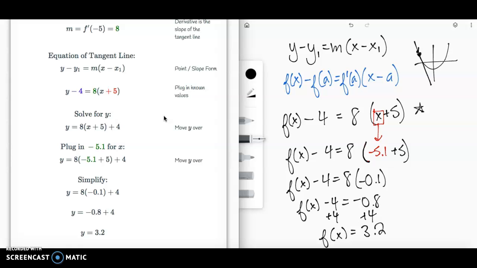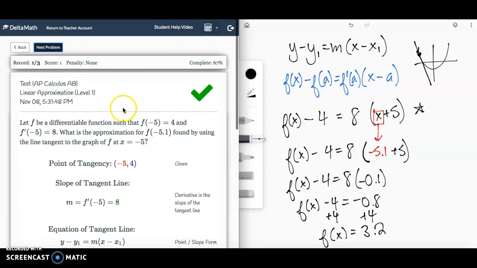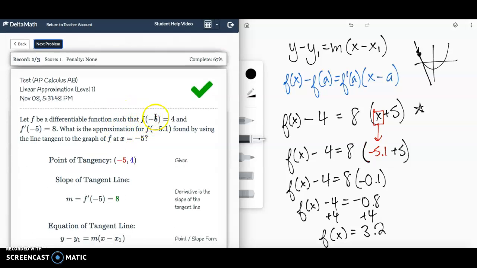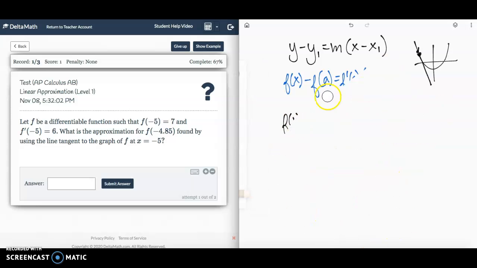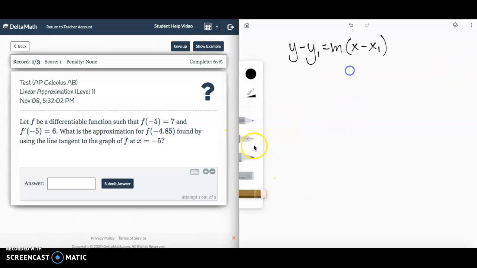If it makes you feel better, you can rewrite these terms as this is y1 and this is m; we could do that as well. Let's try that on another problem. So in this problem, they said let f be a differentiable function such that f of negative 5 equals 7, f prime of negative 5 equals 6, and they want to know what's the approximation for f of negative 4.85 found by using the line tangent to the graph of f at x equals negative 5.